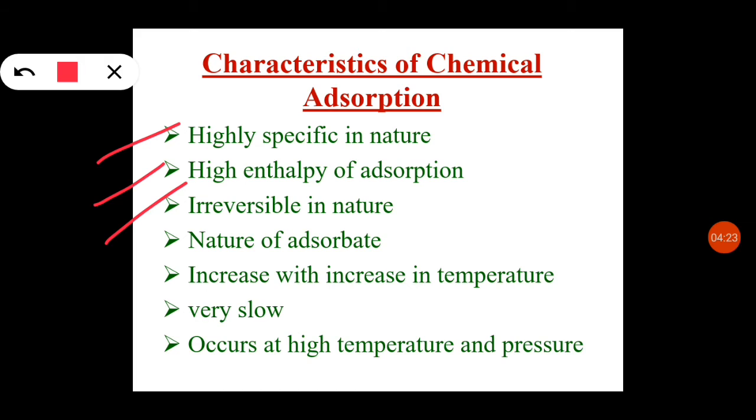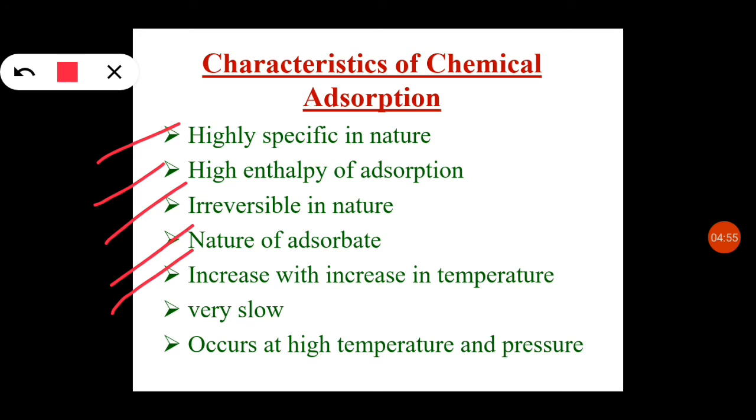Then nature of adsorbate. Again, if the adsorbate has affinity for the adsorbent, then only it will form a bond on the adsorbent surface. Then about temperature, as told earlier, a higher temperature is required because the reaction needs activation energy, which is to be supplied to pass through the transition state.